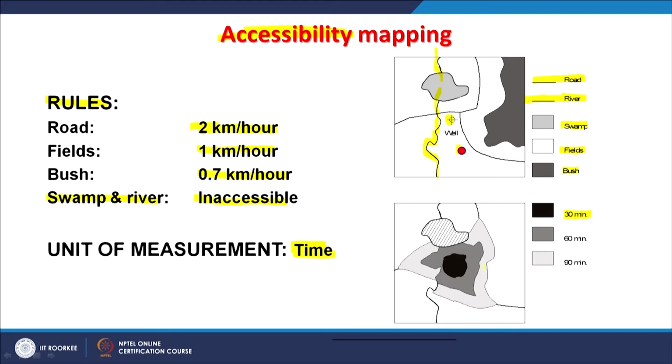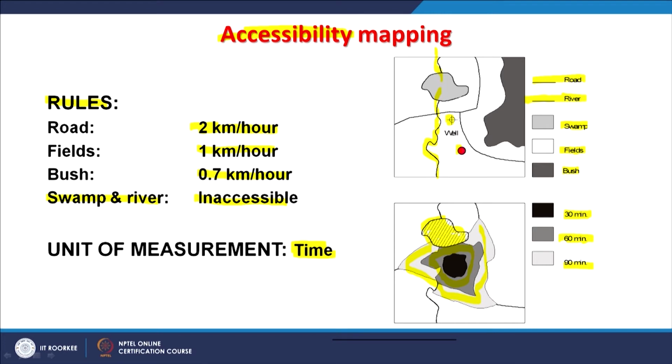Whereas, if one is located in the second polygon just outside the 30 minute one, it would take 60 minutes, and finally the outermost buffer shows that it will take 90 minutes.